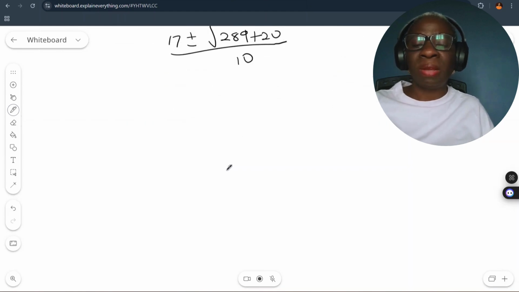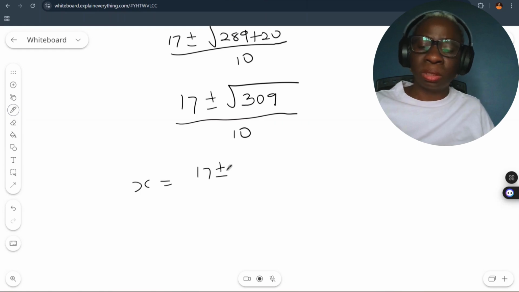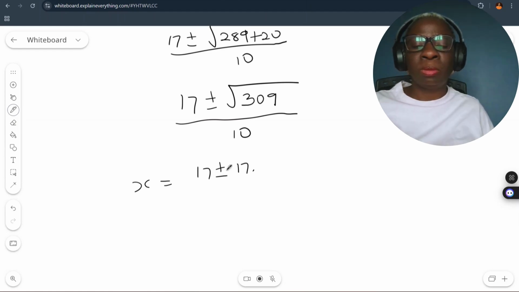So we simplify for that by having x equals 17 plus or minus the square root of 309 over 10. So that means x will be equal to 17 plus or minus, what is the square root of 309? It will give 17.6.